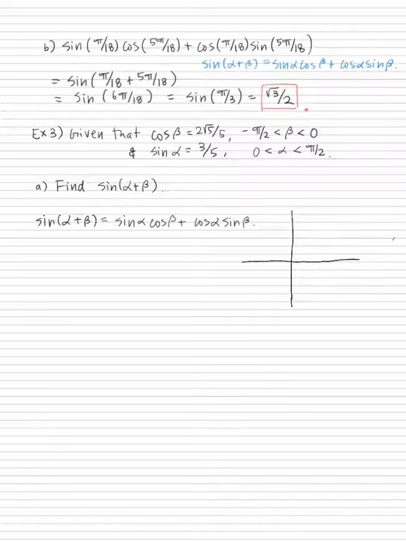Okay, so all students take calculus. Let's look at the cosine of beta. First of all, beta is between negative pi over 2 and 0. So here's our negative pi over 2, and here is our 0. Our angle beta lies in quadrant 4. Now cosine is adjacent over the hypotenuse, so let me draw that triangle.